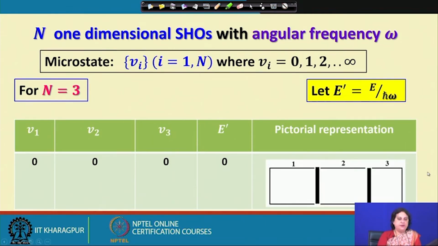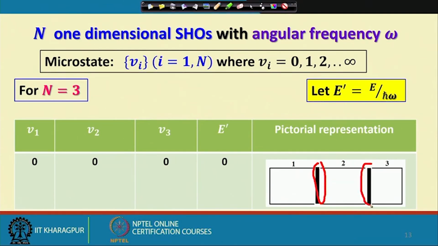And here I have this as the typical representation of our microscopic state. I have a big box that I have subdivided into 3 compartments using 2 partitions. Okay. So, this is my partition number 1 and this is my partition number 2.